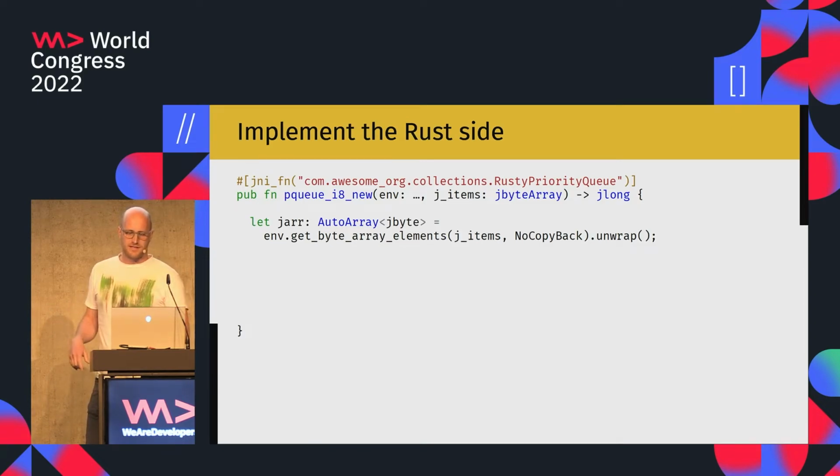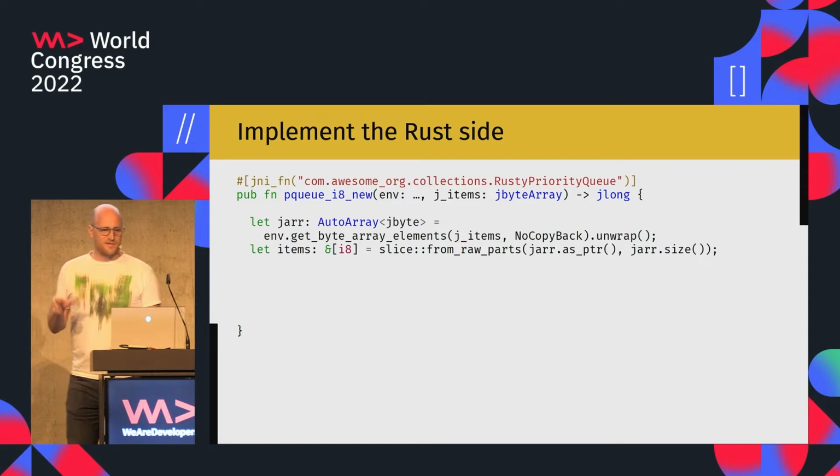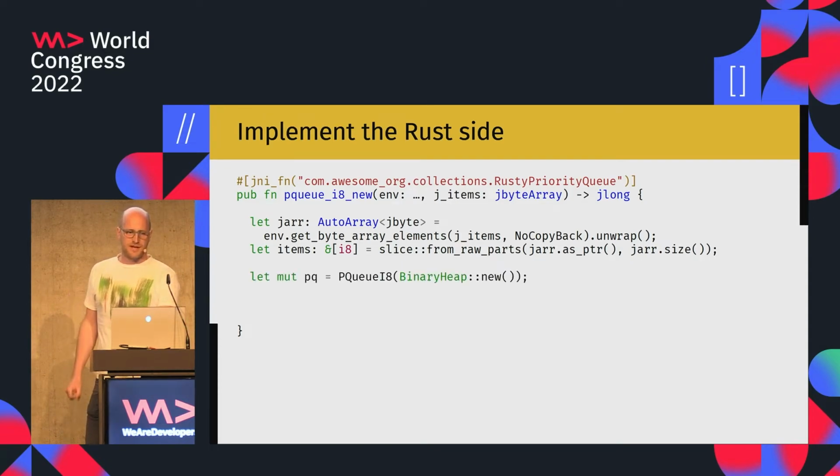In our case, we are only reading, so we say no copy back. Then from this auto array, we can get a pointer and the size of the array, which allows us to create the slice of memory, which we can use then for initializing the priority queue. We iterate over each element and push every element to our priority queue.